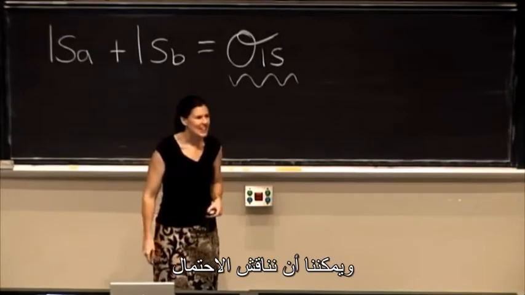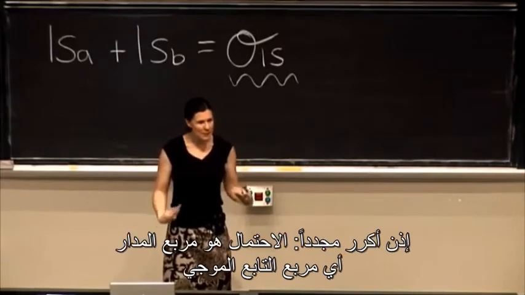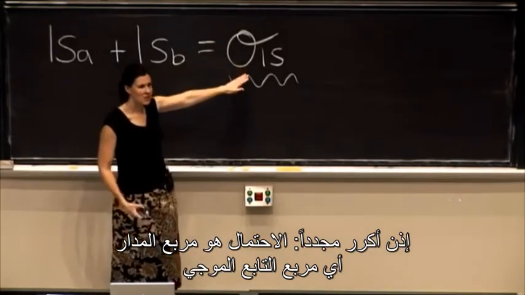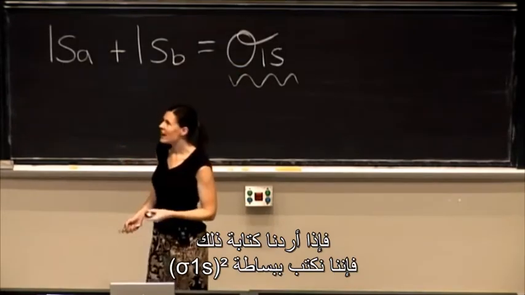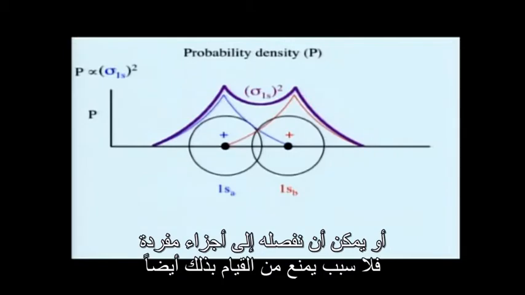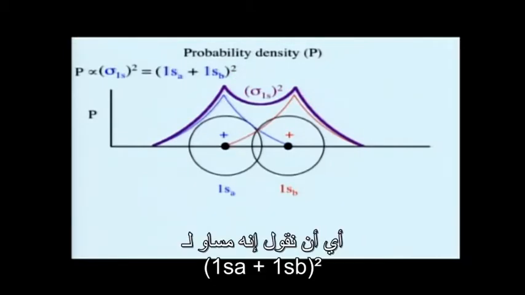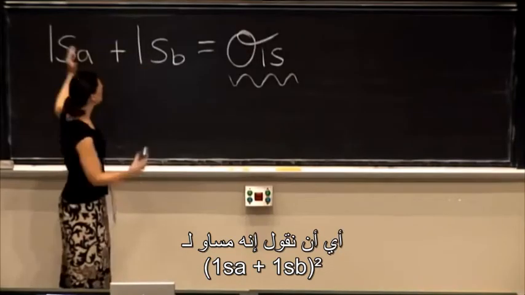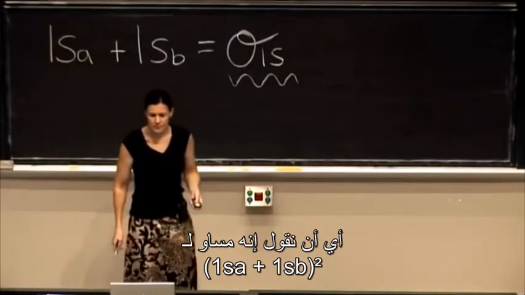And we can take a look at the probability. So the probability, again, is just the orbital squared, the wave function squared. So when we write that out, we just write sigma 1s squared. Or we can break it up into its individual parts. There's no reason we can't do that as well. So just to say that it's 1sA plus 1sB, all of that together squared.